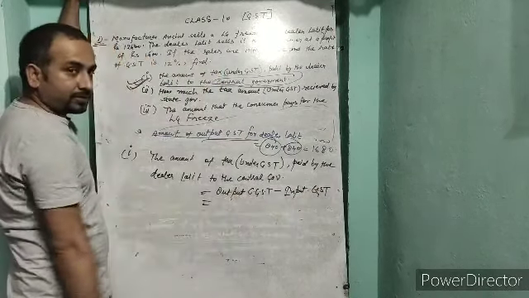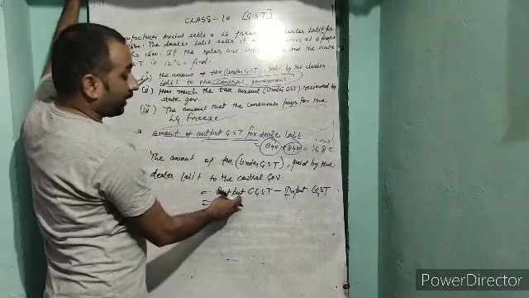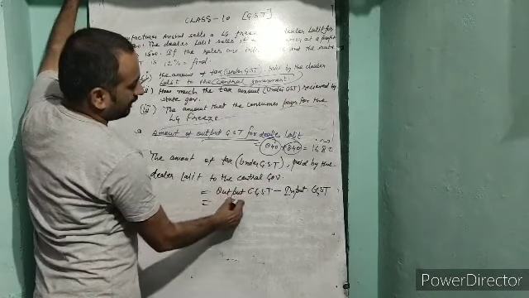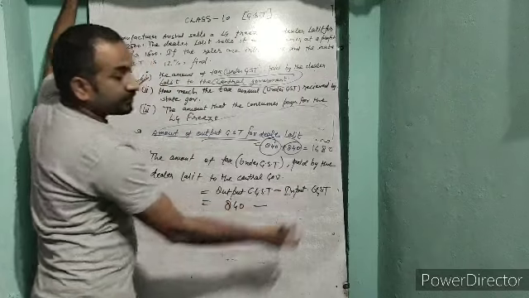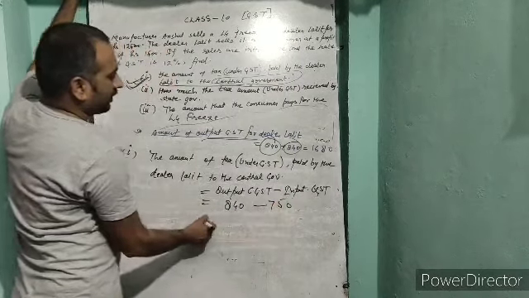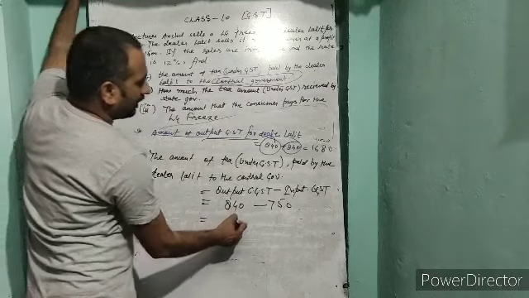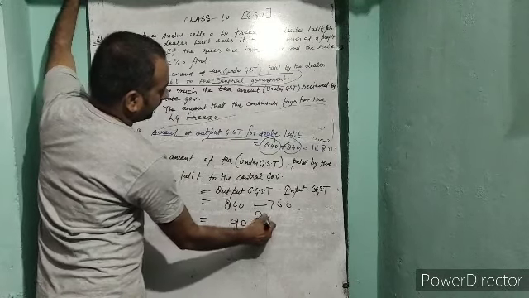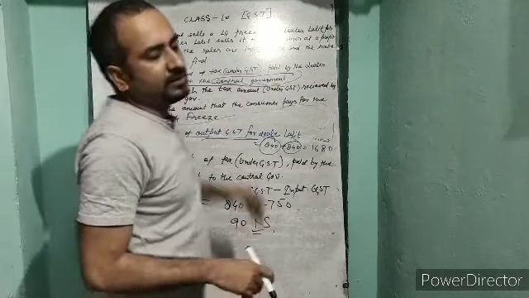The amount of output CGST is 840, and minus input CGST is 750. So this is 90 rupees.